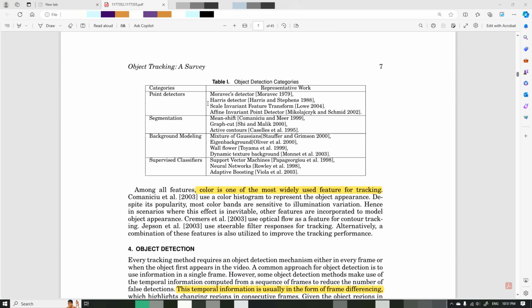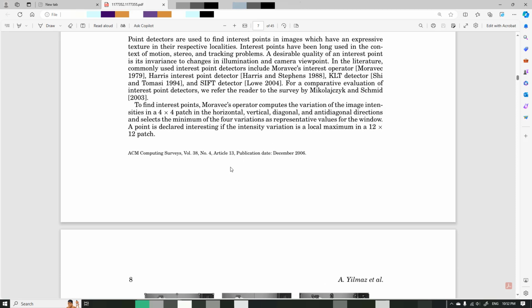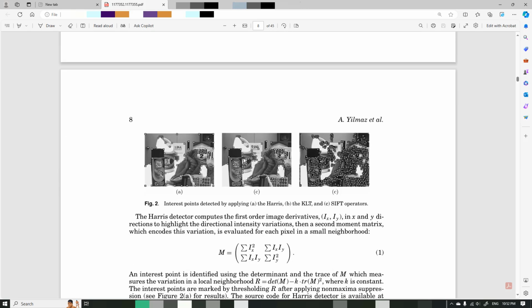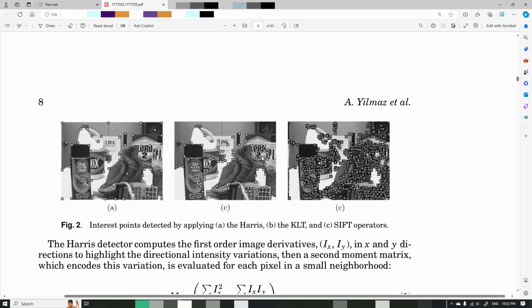There are four point detector algorithms mentioned in the paper: the Moravec detector, Harris detector, SIFT, and the affine invariant point detector. I'm not going to go into detail, as they are complicated. And here's the result of the point detection algorithm.